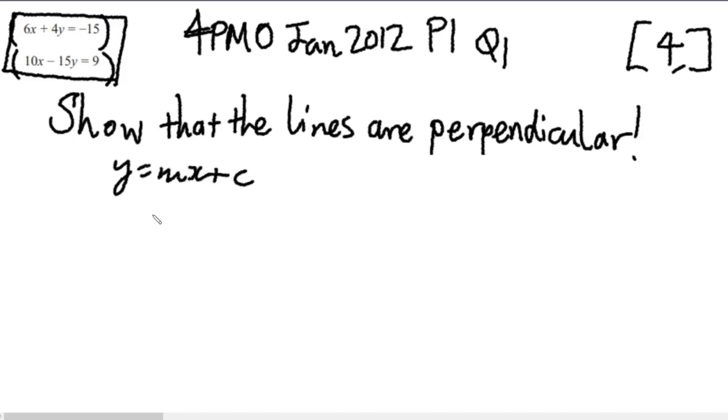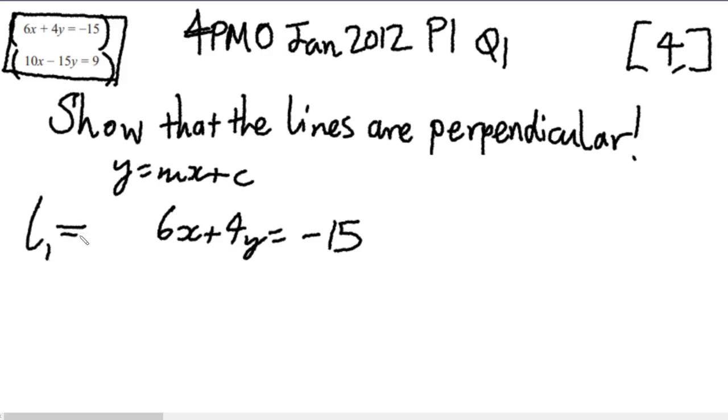So say you have 6x plus 4y is equal to minus 15, and we'll call this line L1. You divide both sides of the equation by 4, so you get an isolated y term. 6 divided by 4 is 3 over 2. And then minus 15 divided by 4 just becomes the fraction minus 15 over 4.